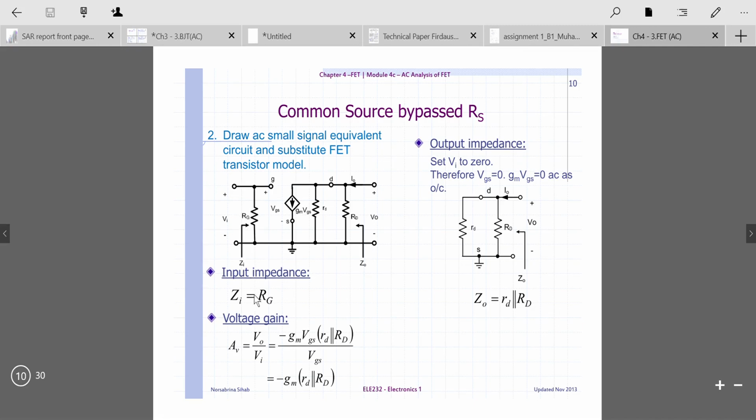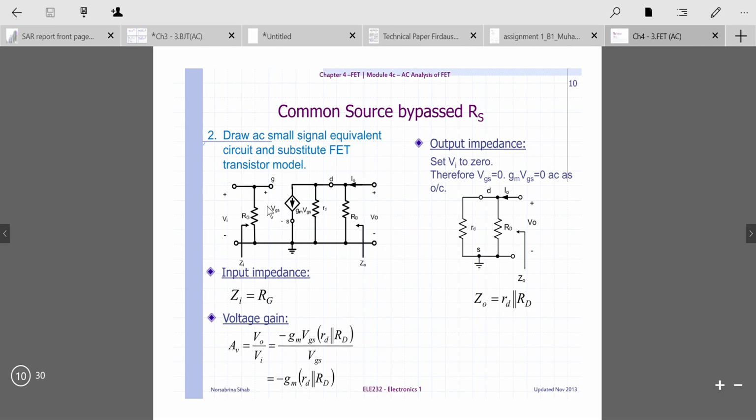Then you can get the output impedance. First, you need to set Vin to 0. When this input voltage equals 0, what will happen? VG will be equal to 0.